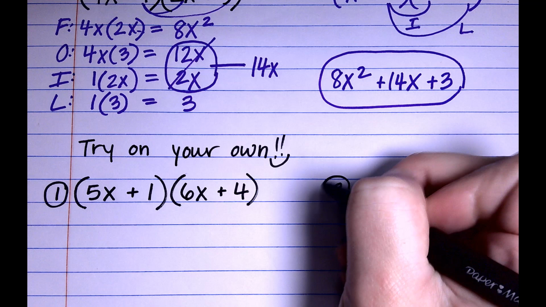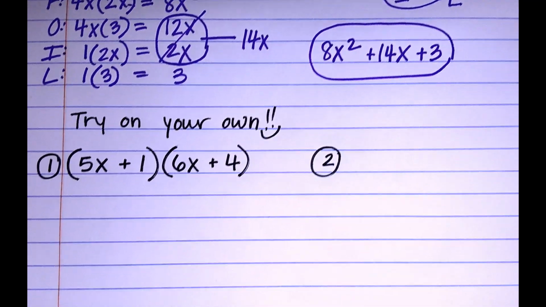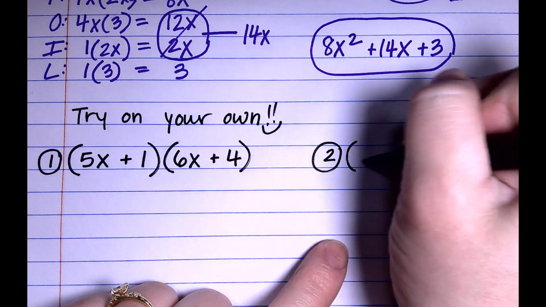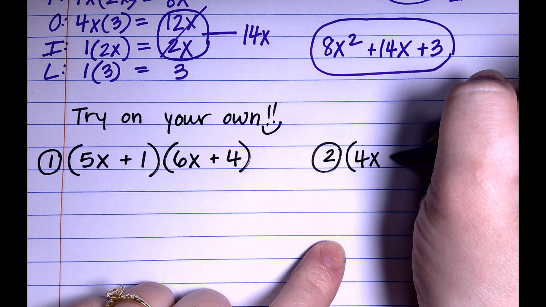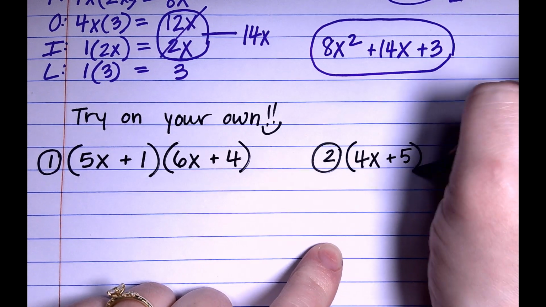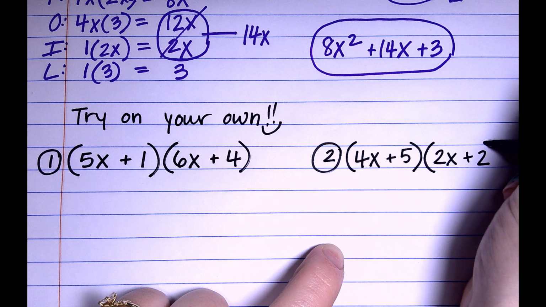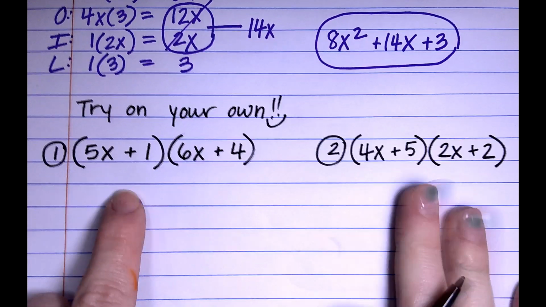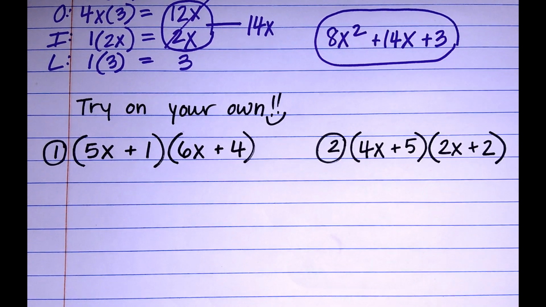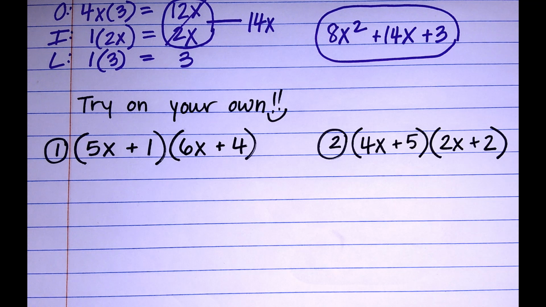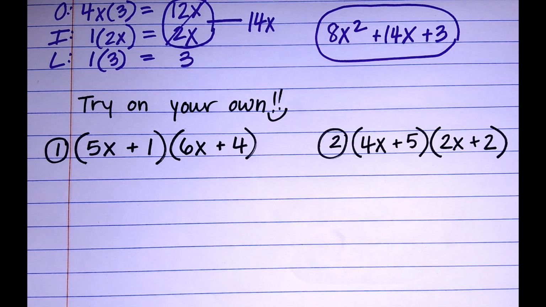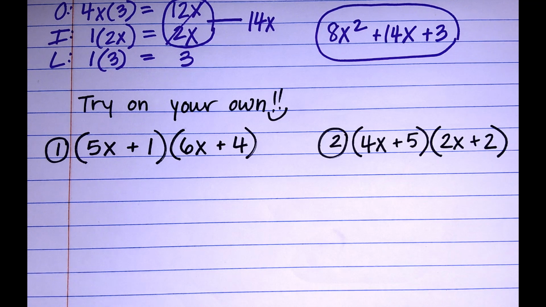Here's another one. Try these two on your own. And I am going to set a little timer for you. And then we'll see how we did. I might come around and check on you guys too.